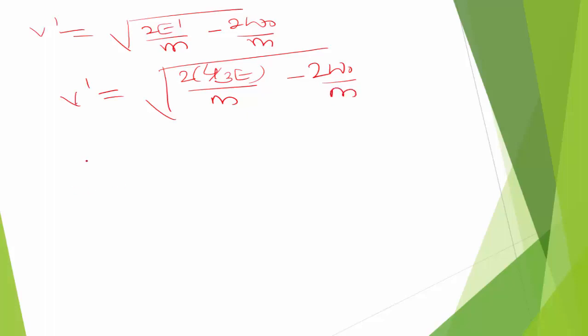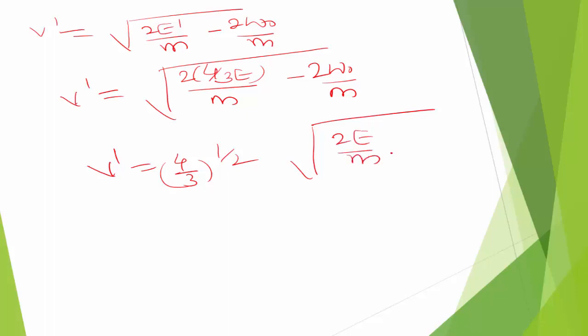Here this wavelength is changed from lambda to 3 lambda divided by 4. Then v dash is equal to 4 by 3 to the power of 1 by 2 into root of 2E divided by m minus 2W naught divided by m into 4 by 3, to the power 1 by 2.